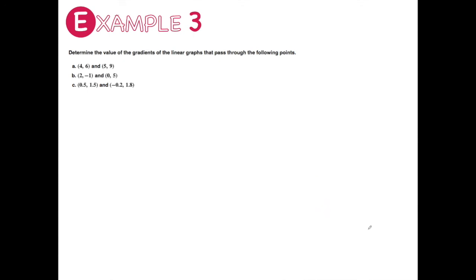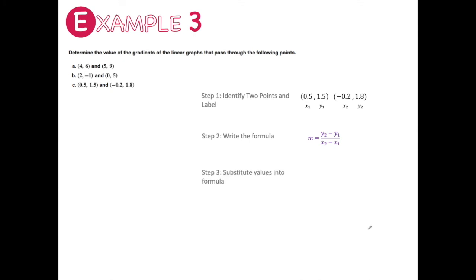And finally for C, starting off with identifying my 2 points and labeling them. So 0.5 and 1.5, and then negative 0.2 and 1.8. So labeling them x1, y1, x2, y2. Second step, writing the formula. So gradient equals y2 minus y1 over x2 minus x1. Substituting in the values.